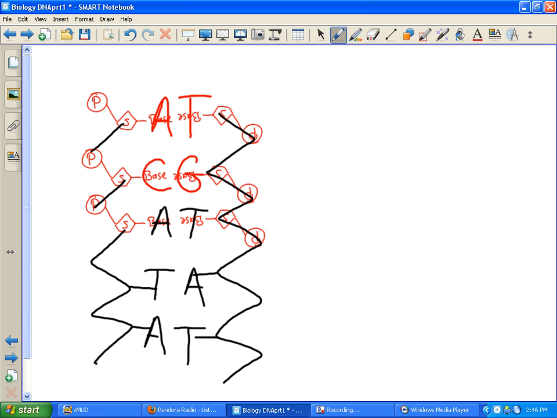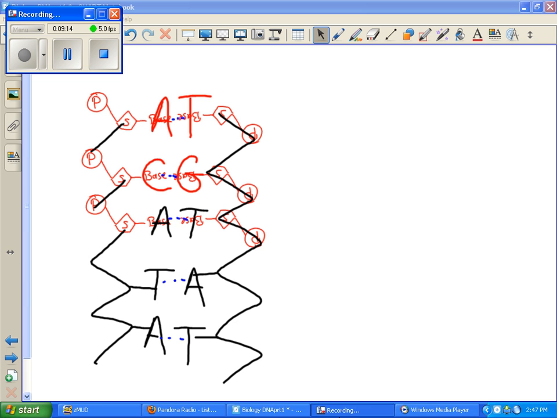Okay, so that's why a lot of people didn't pay attention to DNA, because it's really only 6 different chemicals. You've got sugar, you've got phosphate, you've got adenine, thymine, cytosine, and guanine, but the order of those bases is what makes it important. Hopefully this helps you understand the basic structure of DNA a little bit.